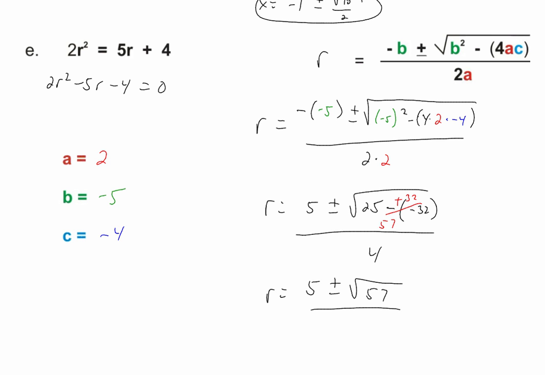See, 57 is divisible by 3, right? But 3 times 19, and are we going to have 2 of anything? Nope. So that one's done, right? Right there. 5 plus or minus the square root of 57 all over 4.